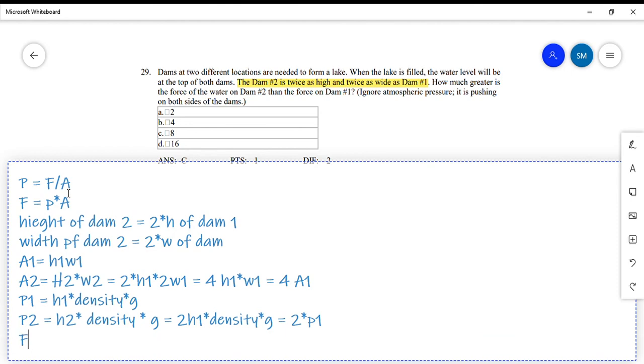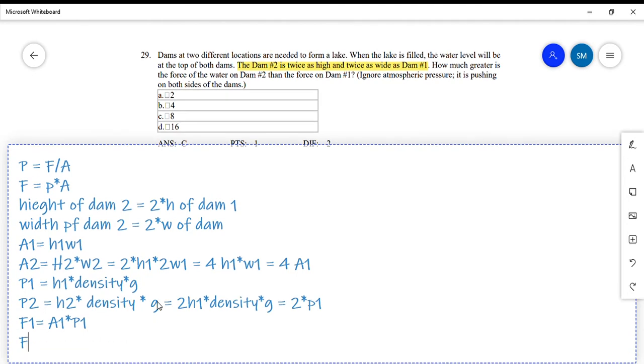So F1 is A1 times P1, and F2 is equal to A2 times P2, and A2 is equal to 4 times A1, and P2 is 2 times P1.